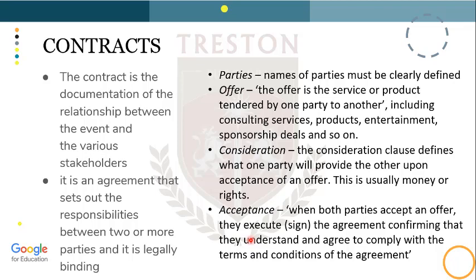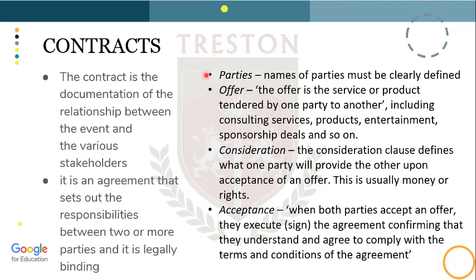providers, you have contracts. So, as stated here, a contract is the documentation of the relationship between the event and various stakeholders. What we have here on the right side are some of the elements of a contract. So you have the parties, which means who is involved in this contract.